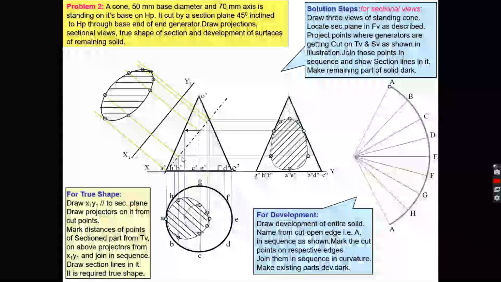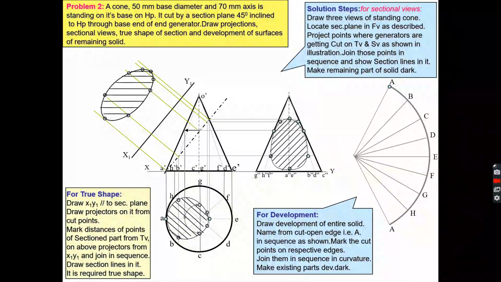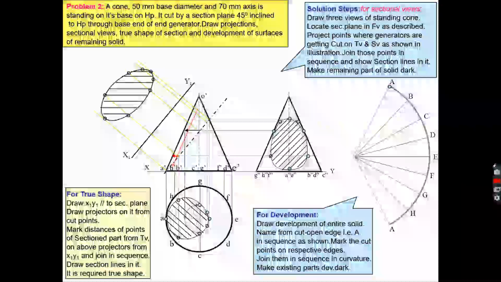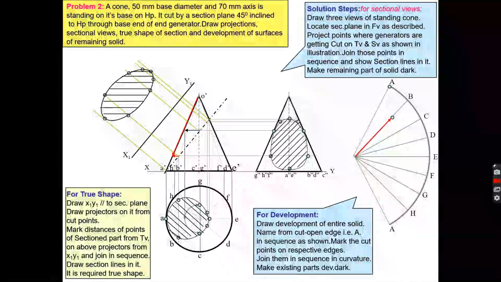So what you have to do, whatever points you are getting on this generator, you have to transfer them on the true generator. So this point you have to transfer on the true generator this way, and you can now measure the distance of these points with respect to point O. So now you can easily mark these points on the generators OB and OH.